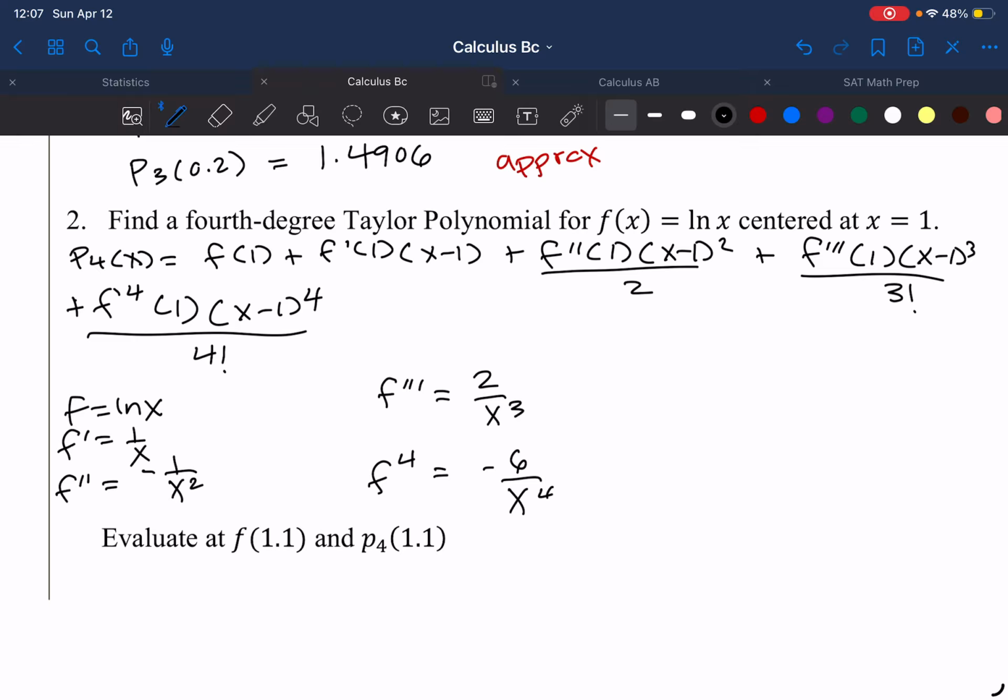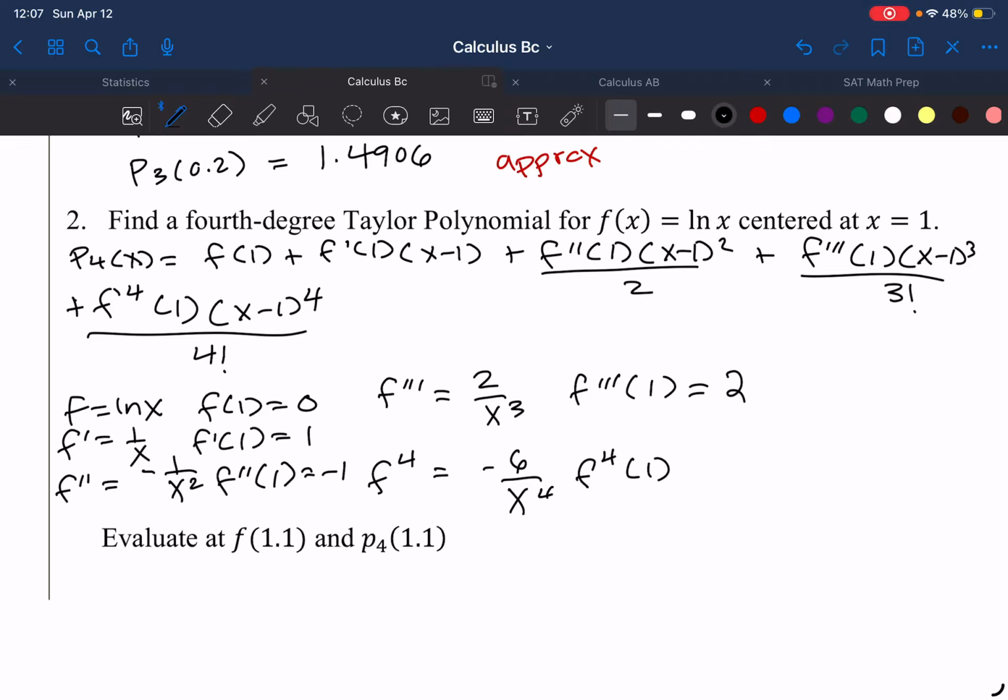And if we plug in 1 for each of these, f of 1 gives us 0, f prime of 1 gives us 1, f double prime of 1 gives us negative 1, f triple prime of 1 gives us 2, and the 4th derivative of 1 gives us negative 6. Just verifying everything.